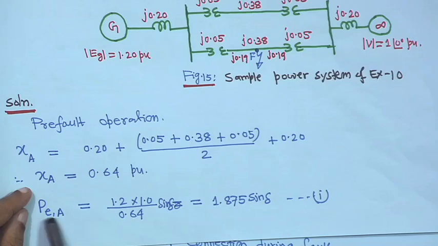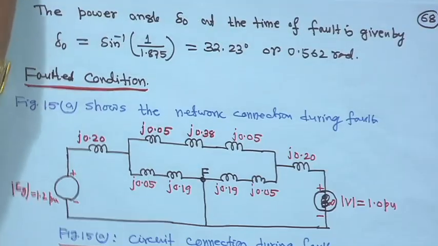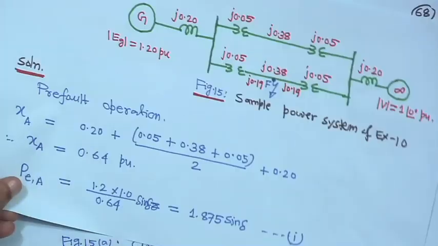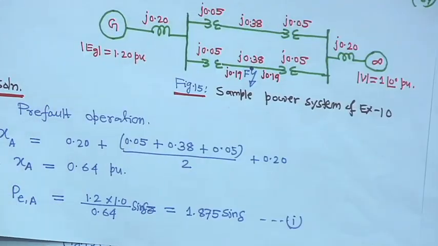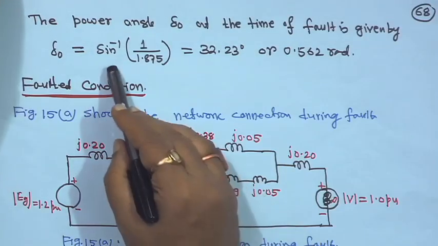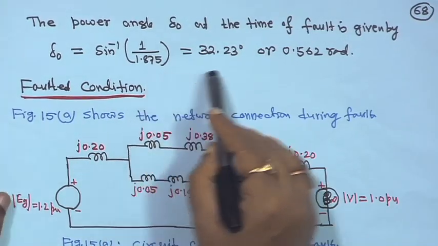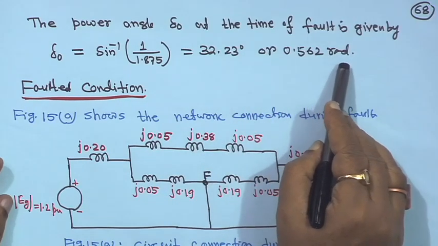So 1 is equal to 1.875 sin delta, where delta is equal to delta 0 at this point. So, you will get delta 0 is equal to sin inverse 1 upon 1.875, that is 32.23 degree or 0.562 radian.